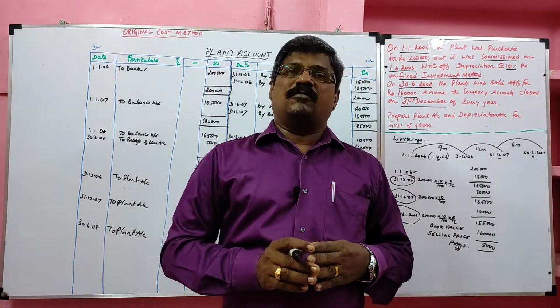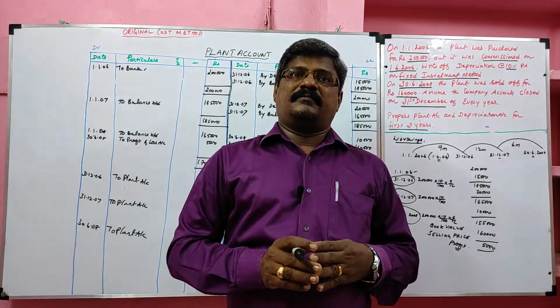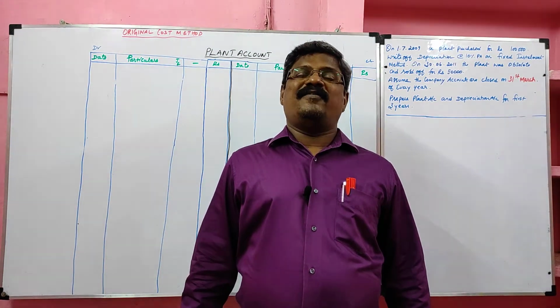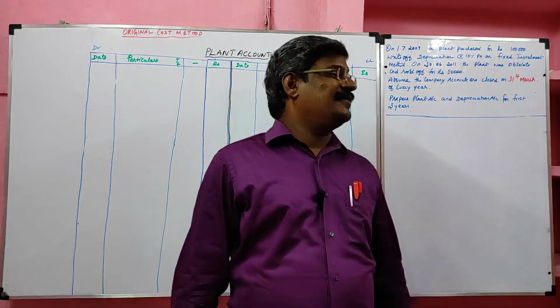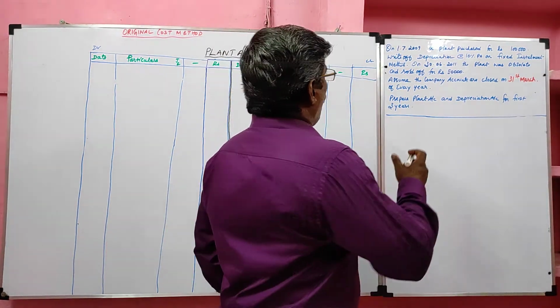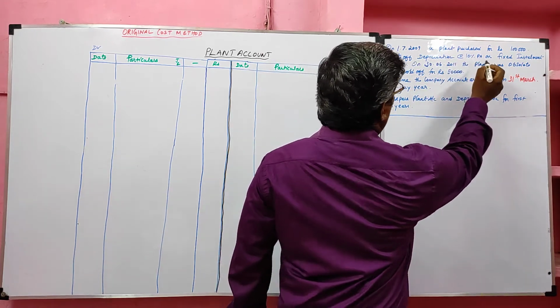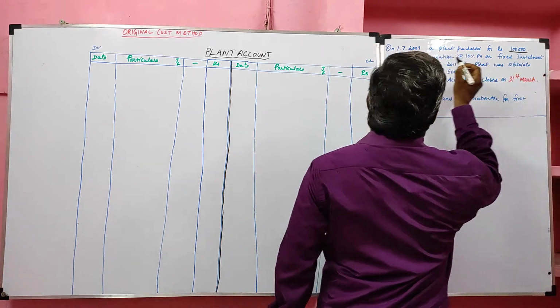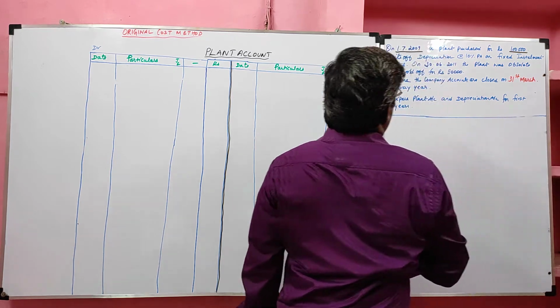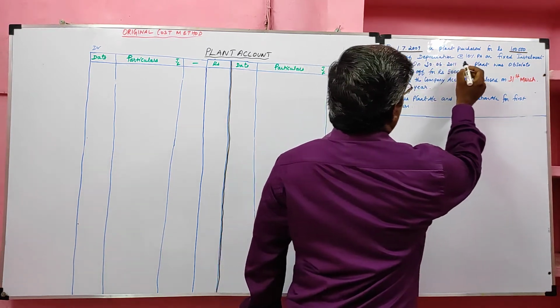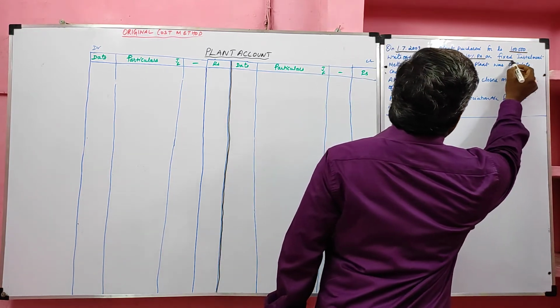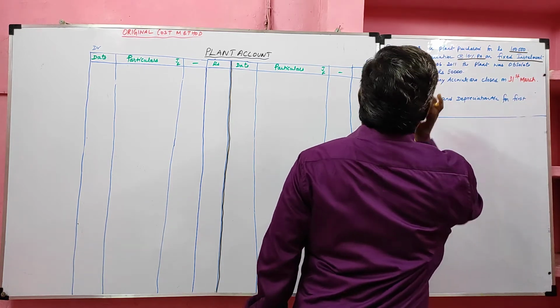Yes, let me see one more problem. Now we'll see the second problem. Look at the board. On 1st July 2009, a plant was purchased for 1 lakh. The purchase date is 1st July 2009. Write off depreciation at 10% per annum on the fixed installment method, which means original cost method.